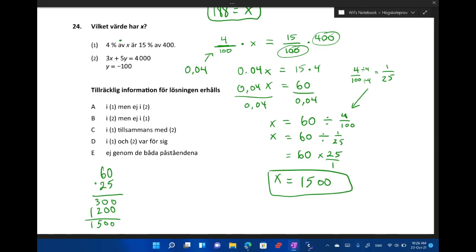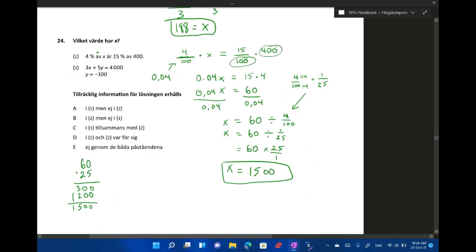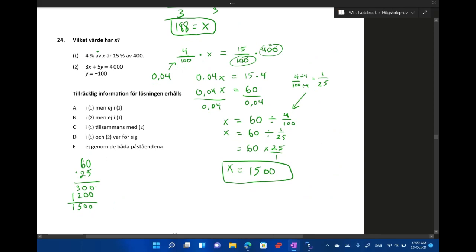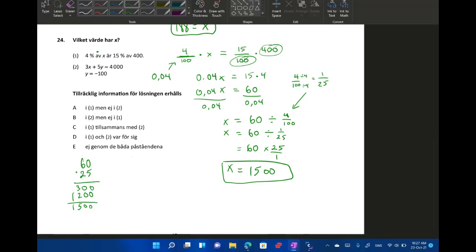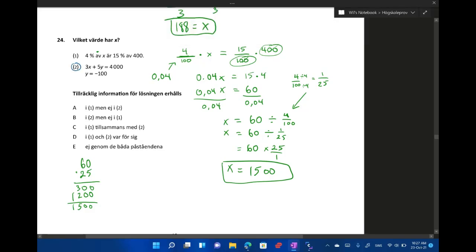So you could solve the value of x by just having the first clue. If we look at the second clue, I'll write the second clue in a different color. So second clue here, if we have 3x plus 5y is equal to 4,000, it tells us what the value of y is. So if I substitute 5 times negative 100 is equal to 4,000. That's 3x minus 500 is equal to 4,000.